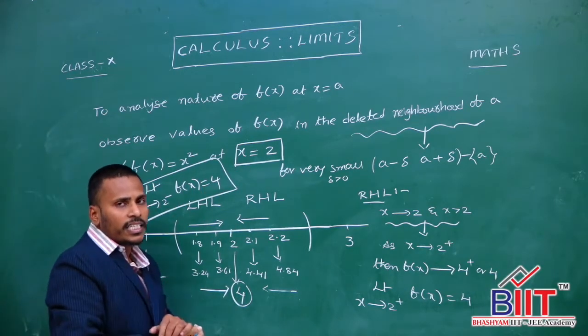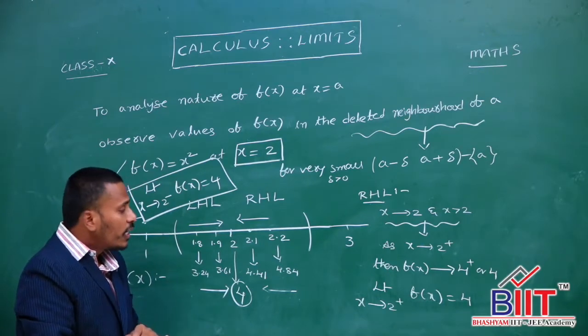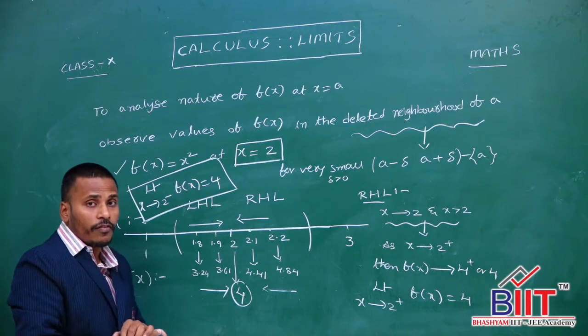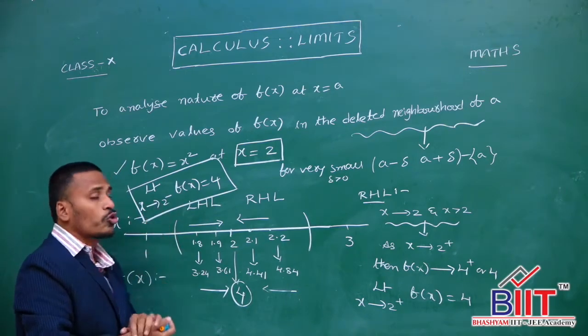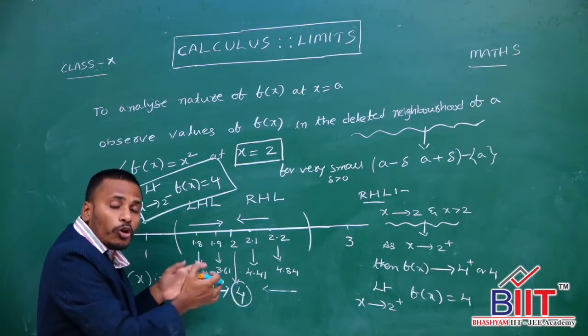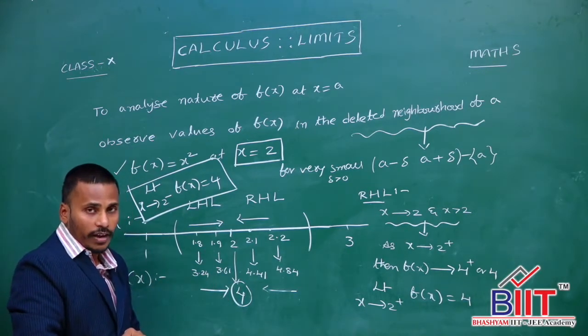So, discussion of right hand limit is as x tends to 2 plus, and discussion of left hand limit occurs as x tends to 2 minus. In both the ways, in both directions, in both sides, we need to observe the functional values.